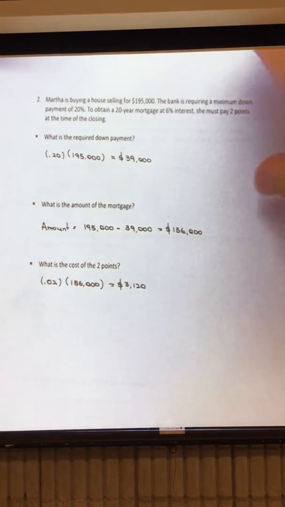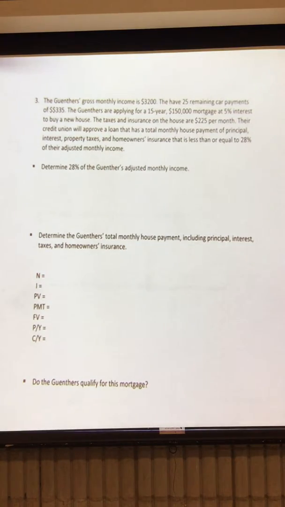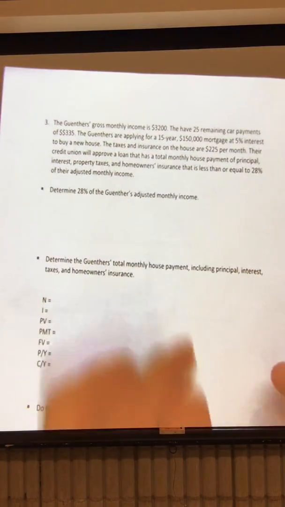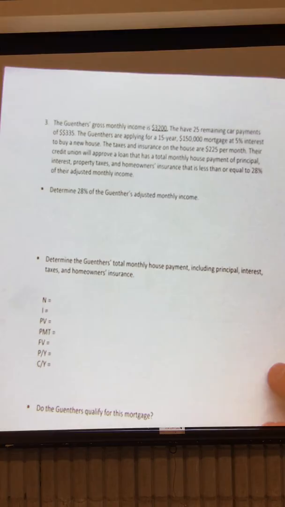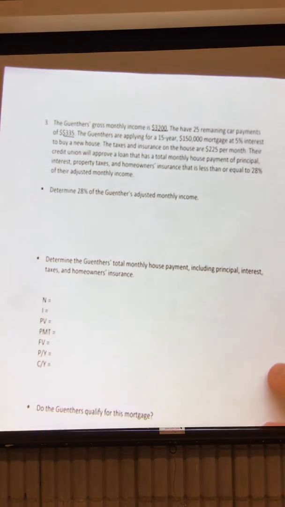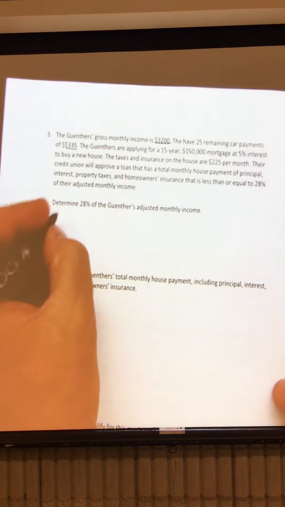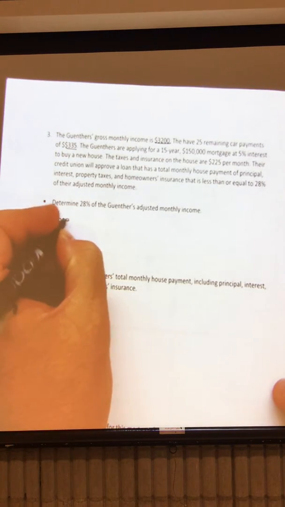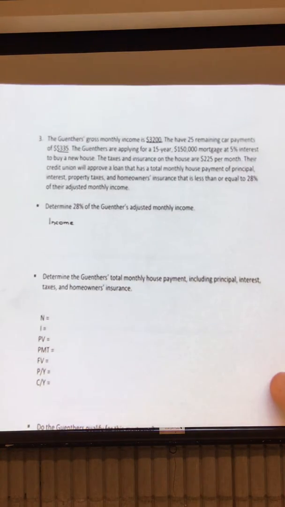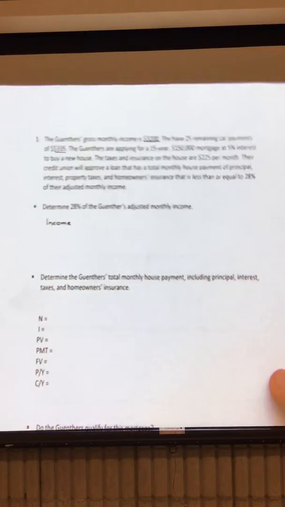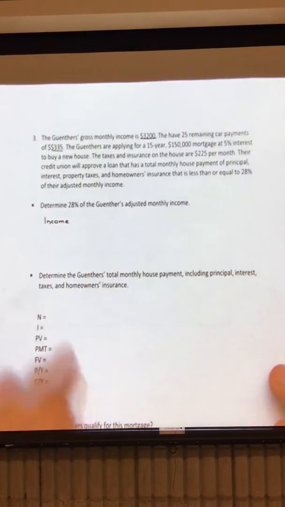Problem number 3, we have to identify, first of all, the income. The income we know from the problem is $3,200.